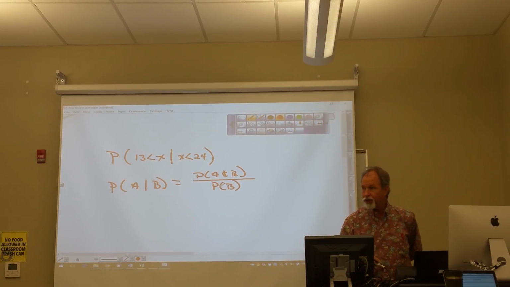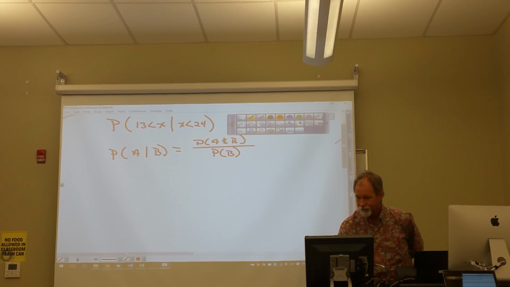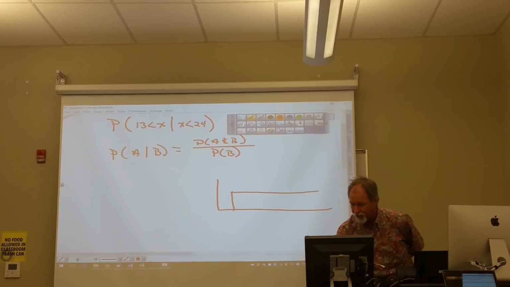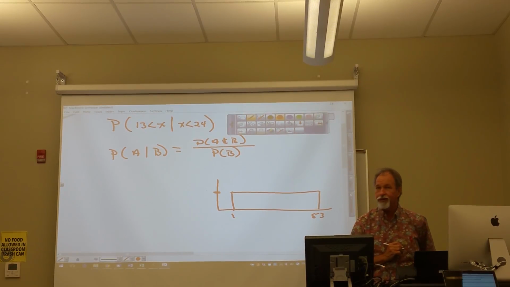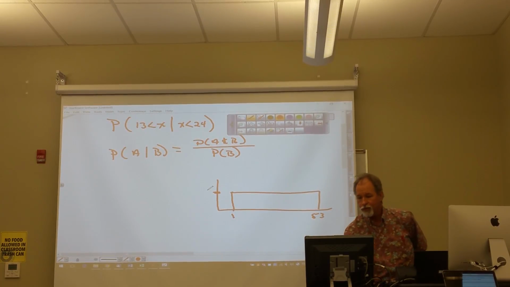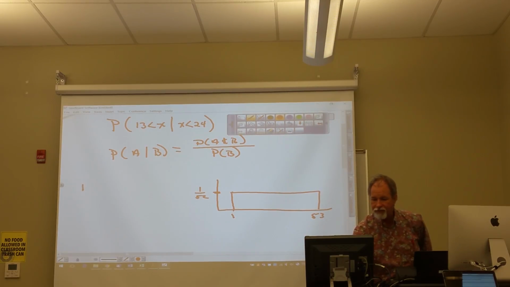Now, when we start to look at that, and we were looking at different aspects of this, so if I'm looking at this, 1 to 53, what's my probability over here? 1 over 52. What is my event A?